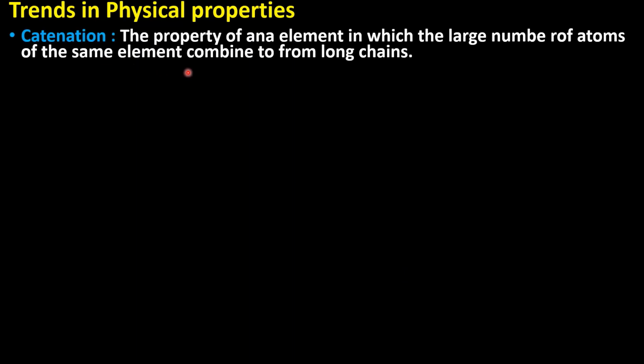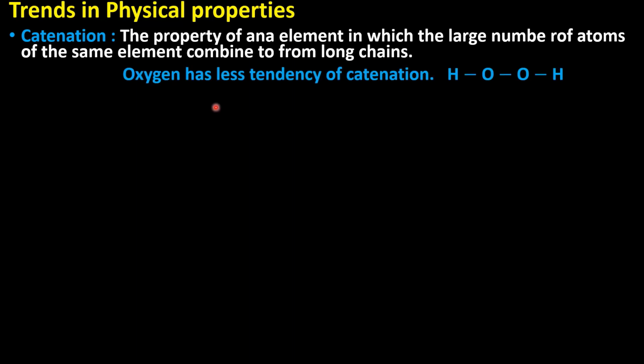Catenation. What is catenation? Catenation is the property in which a large number of atoms of the same element combine among themselves to form long chains. We know that carbon has the greatest tendency of catenation.